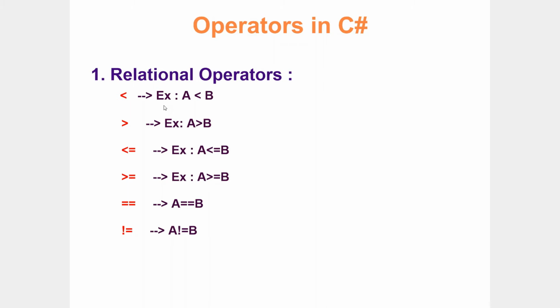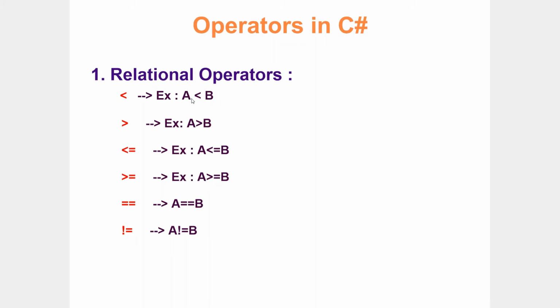In this case, to define the relation between these two, you'll have to use less than. Example, A is lesser than B. It will compare the A value with B, and finally returns a Boolean value. Here we are checking whether A is less than B or not.